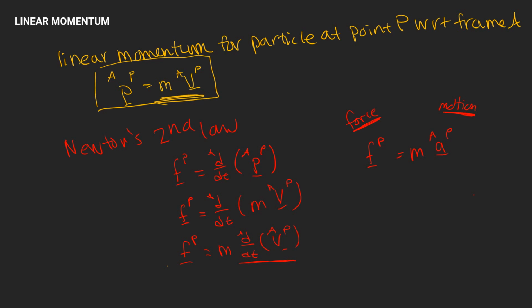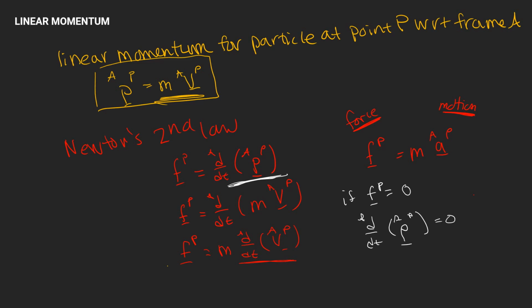But one thing I do want to note is a consequence of this equation. Let's say we set the force equal to 0. Imagine you have a closed system, and no external forces are being applied. What that means, if you come back over here, is that the change in linear momentum is going to equal 0. Angular momentum's next week, so linear momentum is going to remain constant.